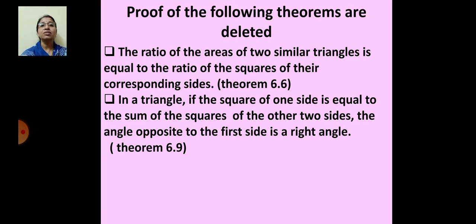In the textbook, this is theorem 6.6, the areas of similar triangles theorem, right? And the second theorem is: in a triangle, if the square of one side is equal to the sum of the squares of the other two sides, the angle opposite to the first side is a right angle. This is the converse of Pythagoras theorem, theorem 6.9 in the textbook. So these two theorems are deleted.